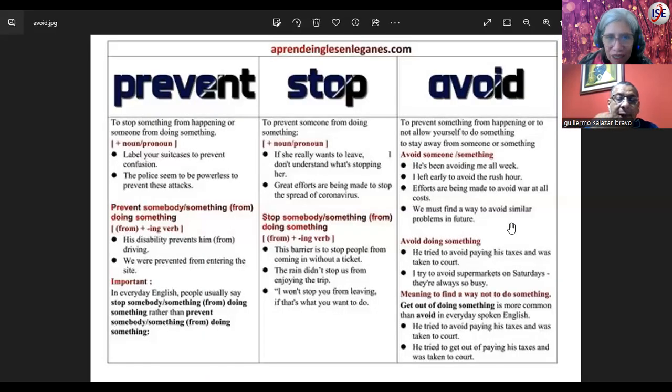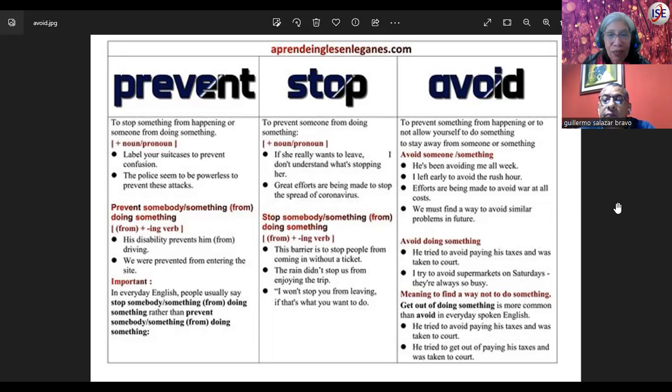So it says, let's work with prevent and avoid, basically, though we don't talk about stop. Prevent is to stop something from happening or someone from doing something, okay? Avoid is prevent something from happening or not to allow yourself to do something.